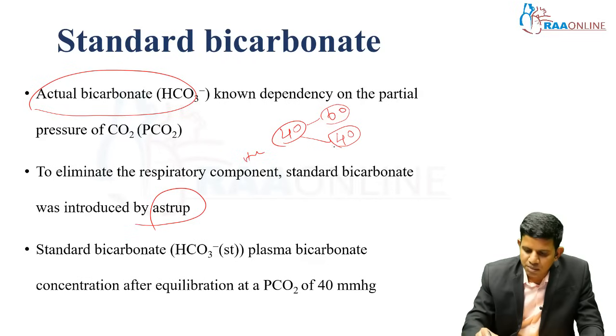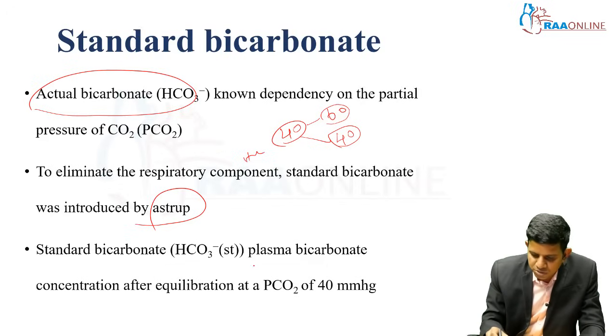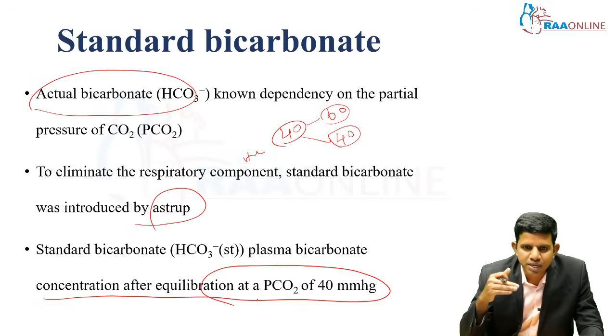The standard bicarbonate is the plasma bicarbonate concentration after equilibrium at a PCO2 of 40. So, if it is equilibrated with a PCO2 of 40, the respiratory component is eliminated. The standard bicarbonate then only represents the metabolic acid-base disturbances. So, it is very important.